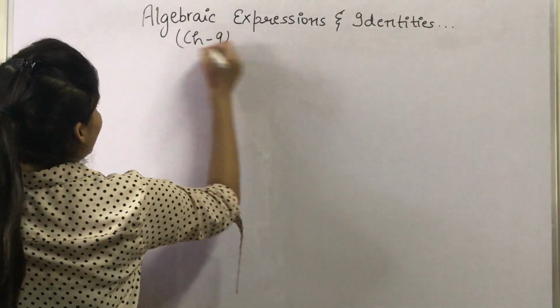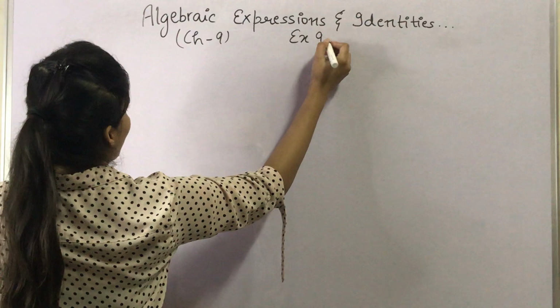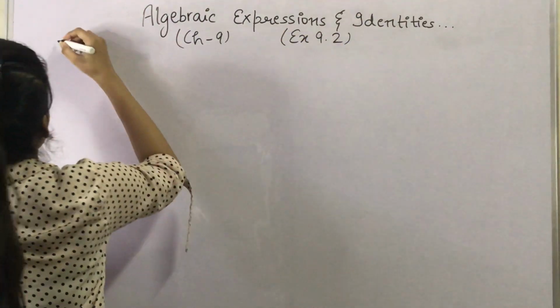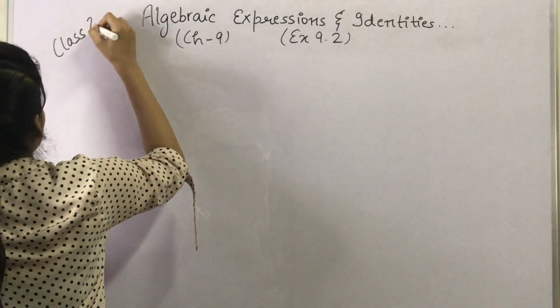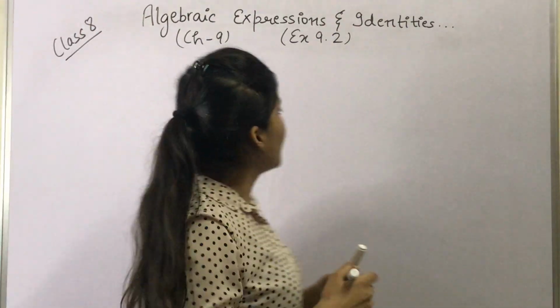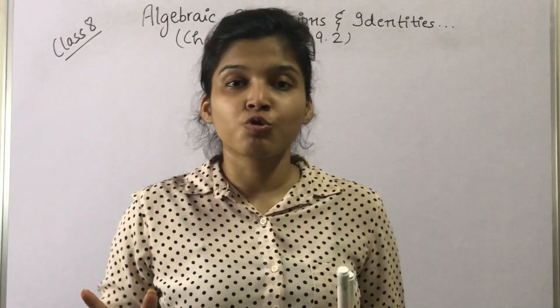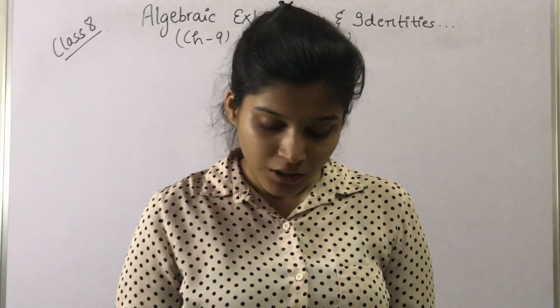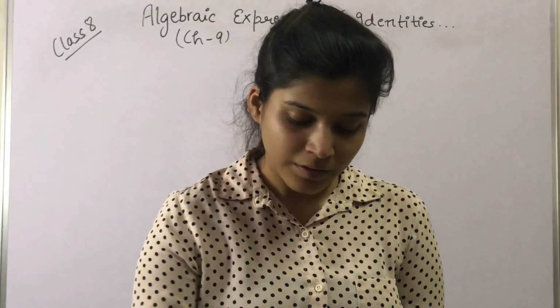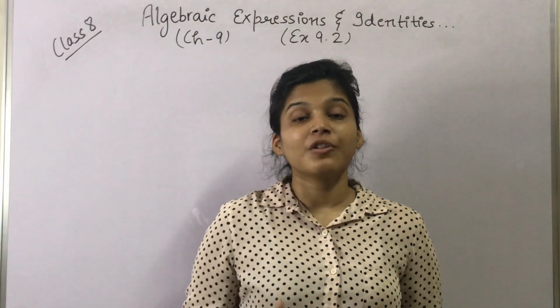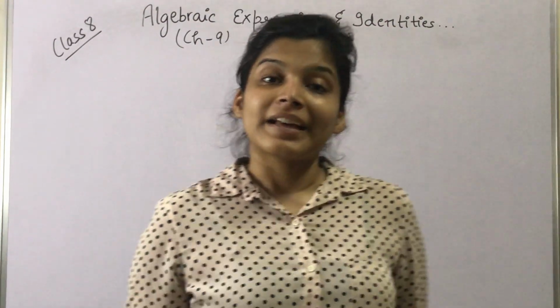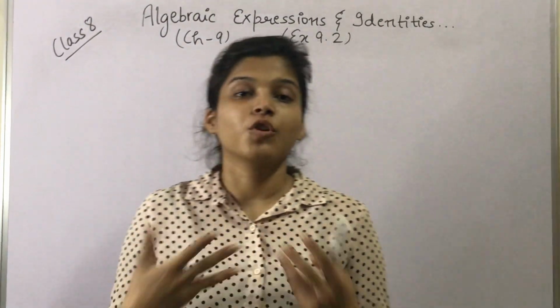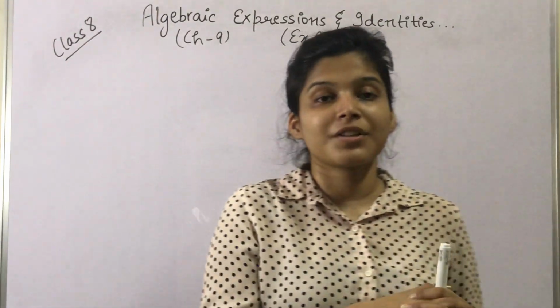Chapter number 9, exercise 9.2, class 8. So we have done question number 1, 2 and question number 3 of exercise 9.2, in which we calculated the products of 2 or 3 expressions, monomial expressions, binomial expressions.